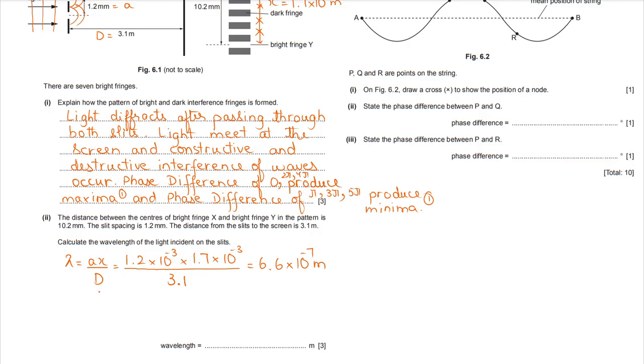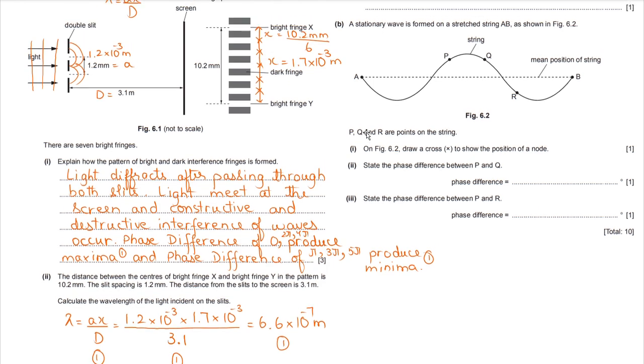So it is a 3 mark question: 1 mark if you write the correct formula, 1 mark if you put the values correctly into the formula with correct conversion, meaning millimeters converted to meters and the value of x also correct, and 1 mark for the answer. Okay? Now let's move on to the next question.